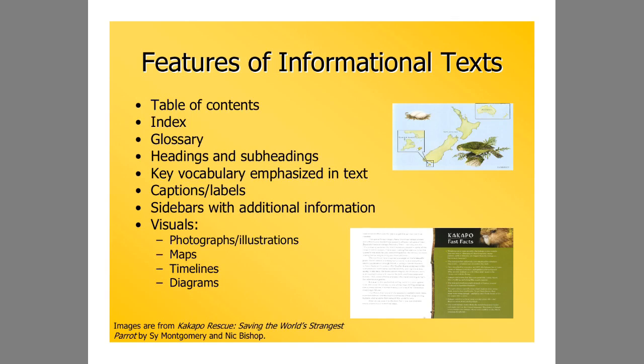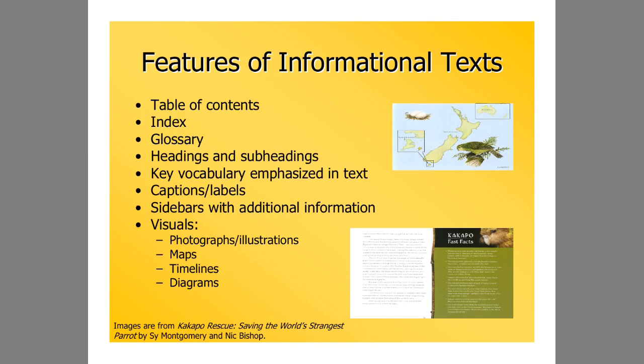As an example, on this slide I have a picture of a map from Kakapo Rescue. Kakapo Rescue is about saving a highly endangered species of parrots that live off the coast of New Zealand, and the map on this slide helps you see exactly where New Zealand is in the world in relation to Australia. It also helps you see where the islands where the kakapo parrots live are off the coast of New Zealand. So it helps contextualize the location of the book.